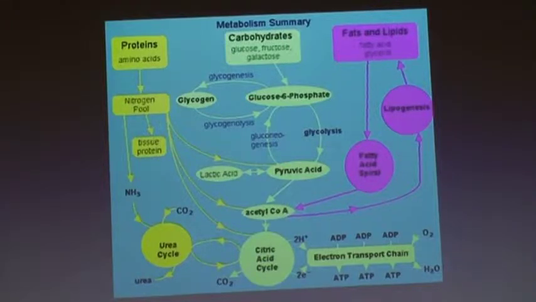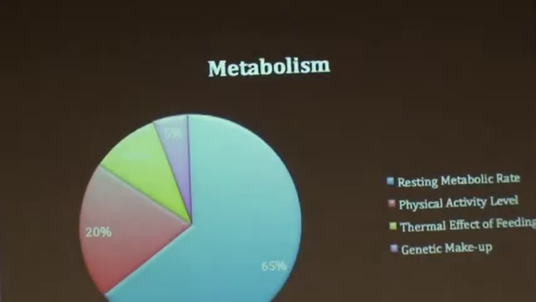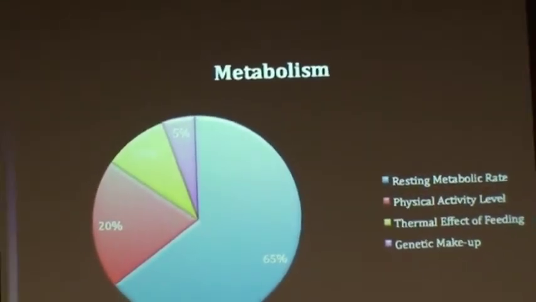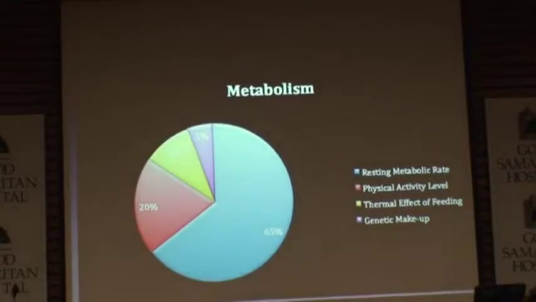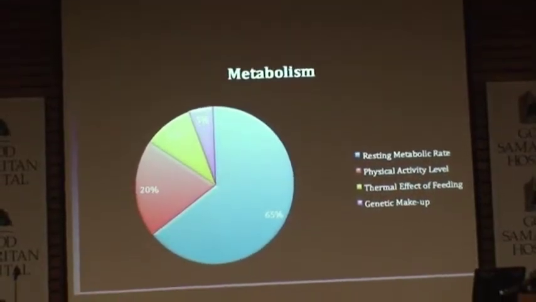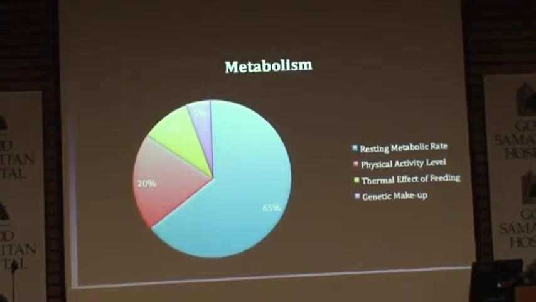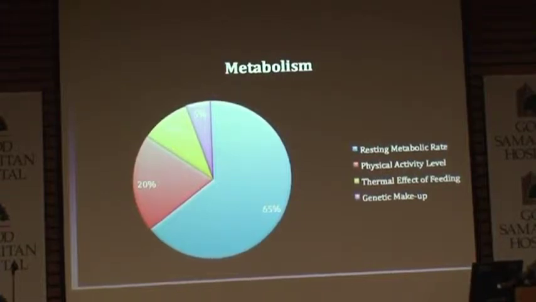At some point there will be the process of breaking down material or building, so the two components of metabolism being anabolism and catabolism. And we predominantly use the energy that we obtain from fuel for what's called the resting metabolic rate. That consumes about 65% of the energy we need.